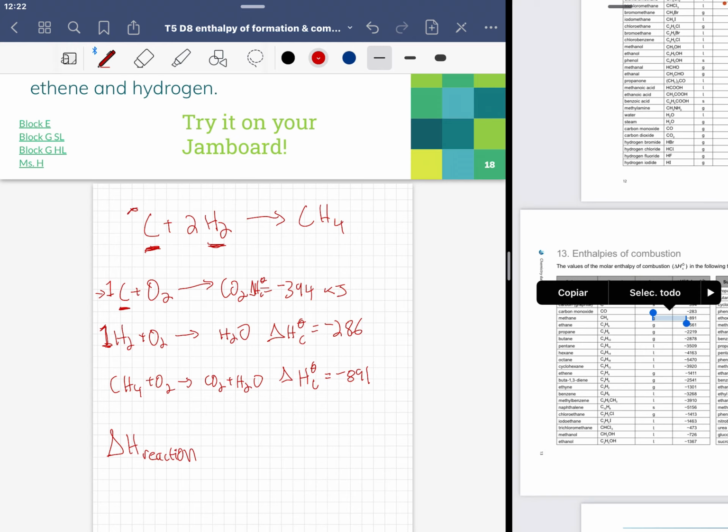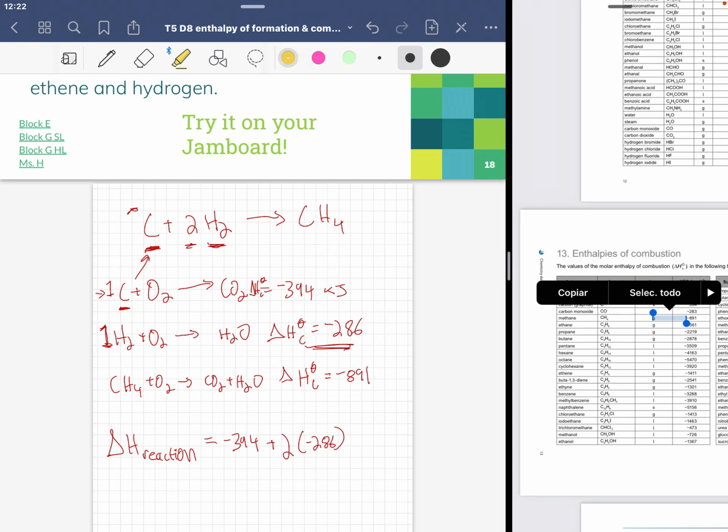The delta H of the reaction, I'm going to take that 394 that I'm getting from the combustion of just carbon plus H2 here. I have two H2s, so plus 2 times negative 286.